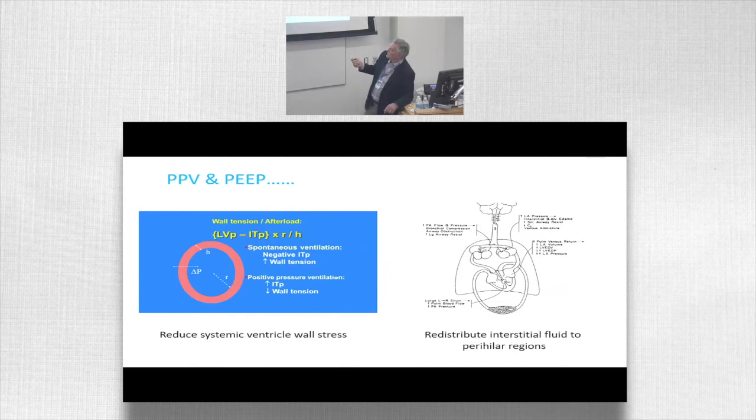Positive pressure ventilation has an impact on the systemic ventricle by reducing wall stress. But it redistributes interstitial fluid into perihilar regions. Both those factors are critical. And when you're ventilating a patient with heart failure or a low output state, just remember that you're trying to ventilate the heart as much as you're trying to ventilate the lung.